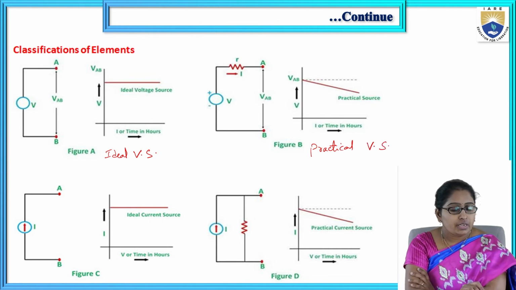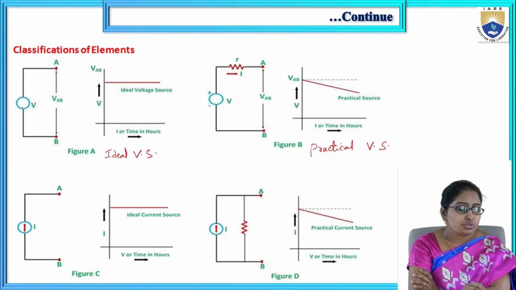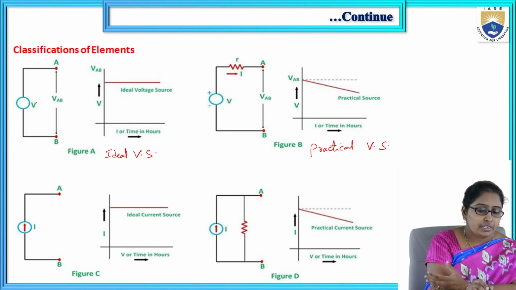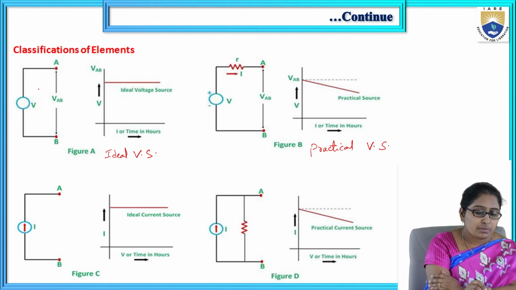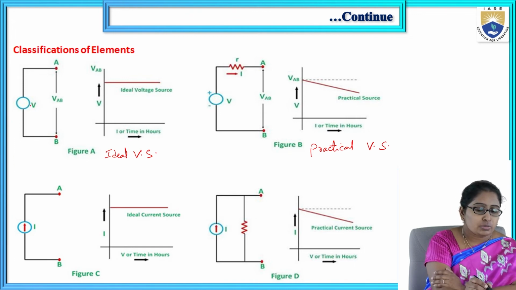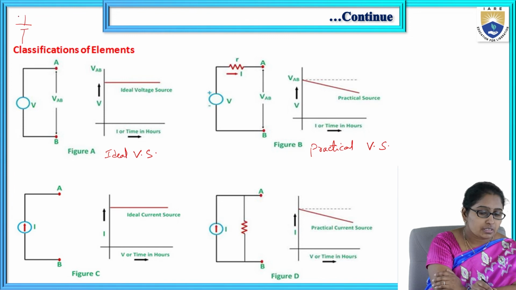An ideal voltage source is shown as a small circle, or we can show it as a DC voltage source symbol. We can also show the same with two lines, plus minus V.